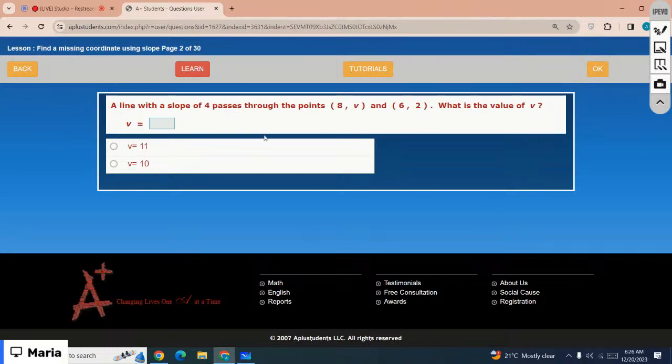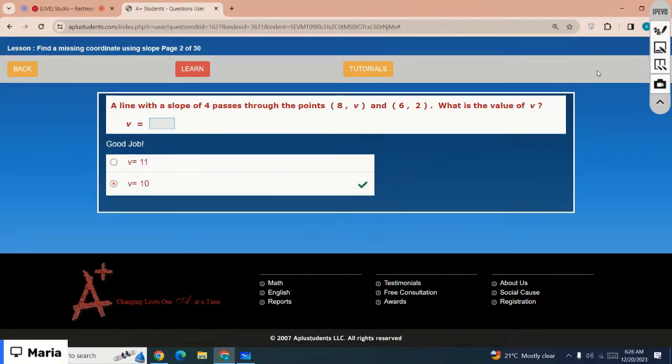The missing value is 10. V equals 10. Option number 2 is the correct option.